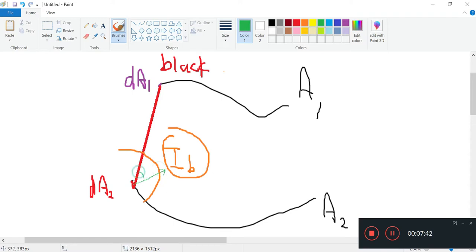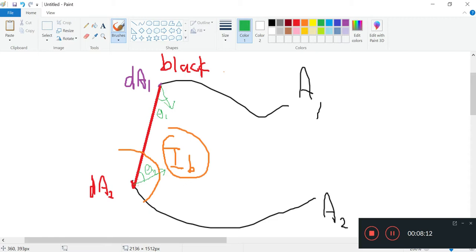And we have an angle theta here, and let's call this theta 2, because this is A2. And this is the normal here, and this angle then is theta 1.